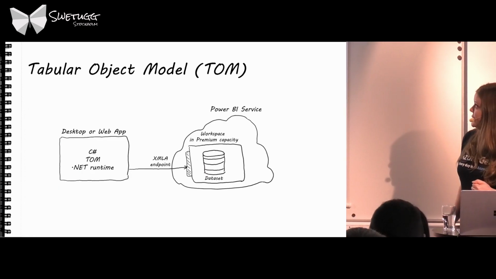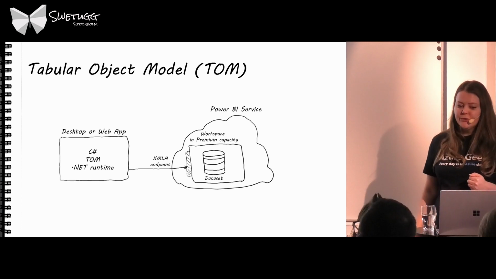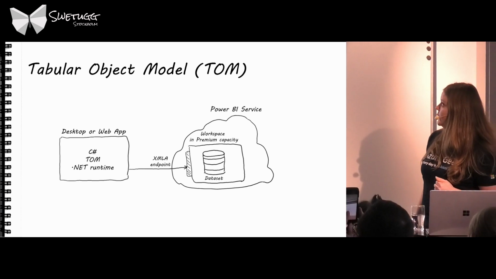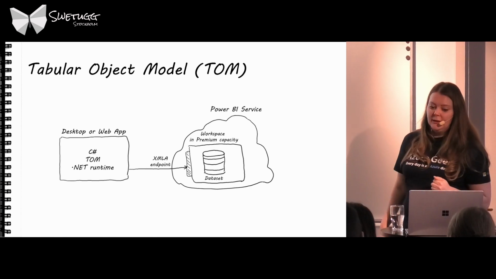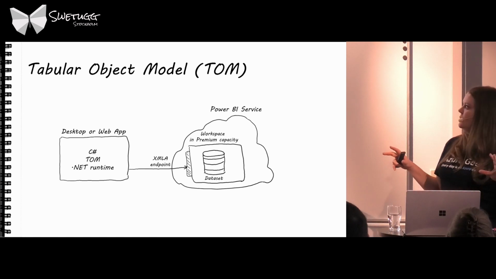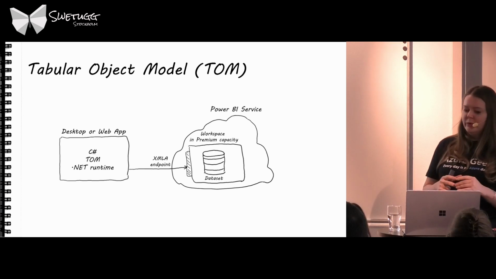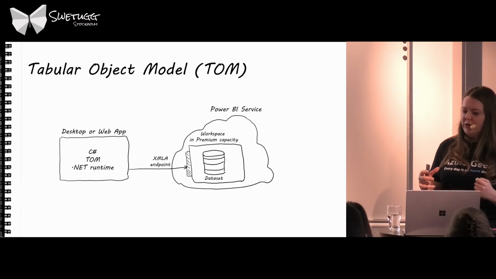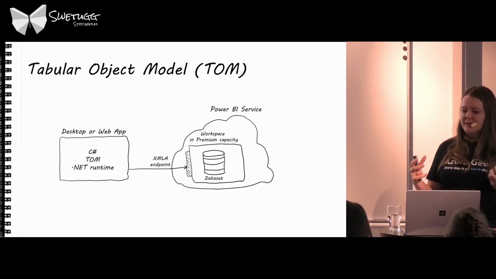Another way you can work with the model is the Tabular Object Model, TOM. It's a .NET library, an abstraction layer on top of the XMLA endpoint. So as a .NET developer, you can write C# code in a .NET application to create and modify Power BI data sets directly in the Power BI service.